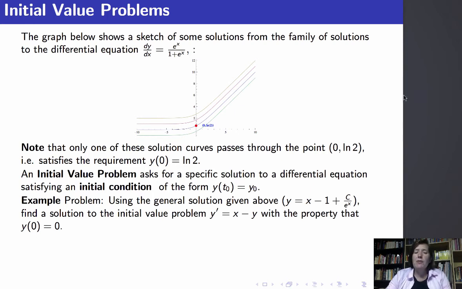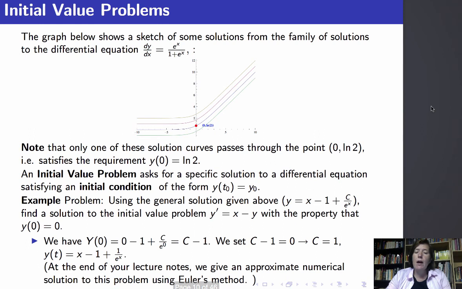For example, suppose I know that the general solution of the equation y prime equals x minus y is given by y equals x minus 1 plus c over e to the x, and I'm asked to solve the initial value problem y of 0 equals 0, then I can use the general solution to figure out what the specific solution to this initial value problem is.